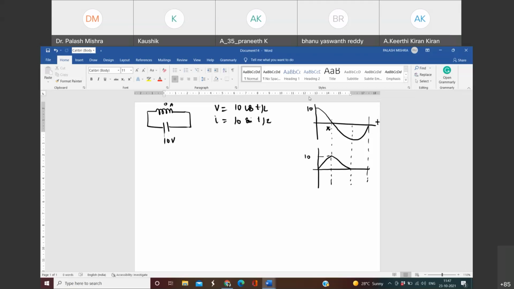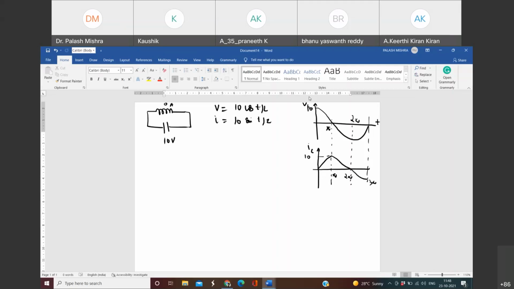I don't know this value, how much it will be, but at pi by 2 it will be 10 only. Then it will be something like this. This is pi and 2 pi, this is 2 pi, I think so. This is 3 pi. So this is VC and this is IC.